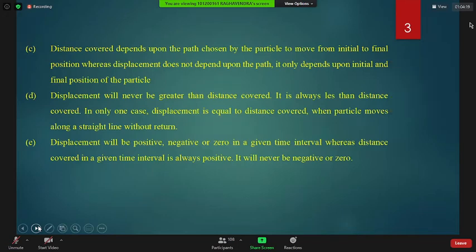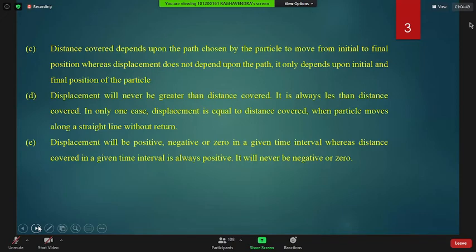Sir, completed, sir. Okay, beta. You have completed now? Yes, sir. You see that the third point you have: distance covered will certainly depend upon the path. When you go from here to Secunderabad, so many roads are there, beta. On different roads, distance covered will be different. So it will depend upon the path chosen by the particle to go from initial to final position.